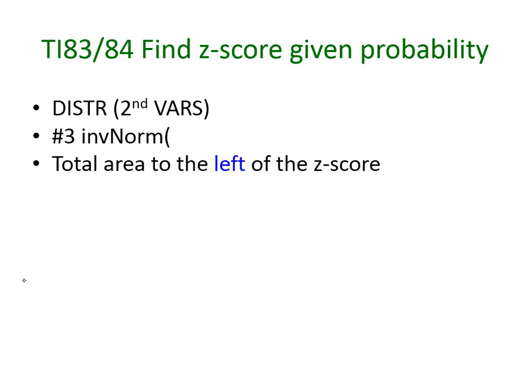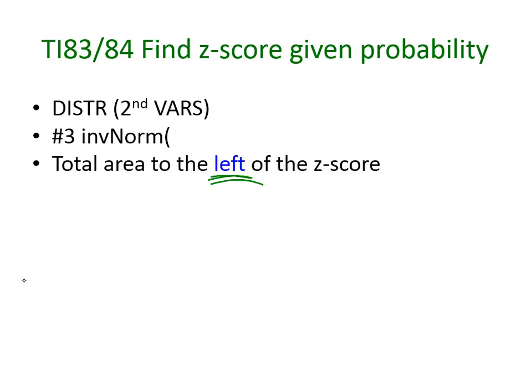If you use the inverse normal, inverse means you're undoing, and so you're undoing the normal distribution. You're going to go to your second, vars, so you're going to your distributions. You're going to do that third one down, which is your inverse normal. You're going to put your area to the left. Just like on the tables, it's giving you your area to the left.